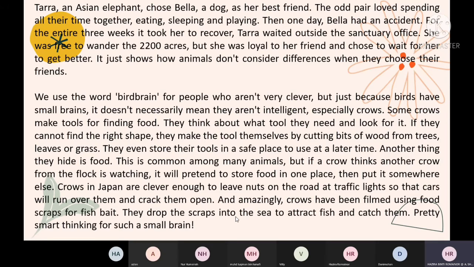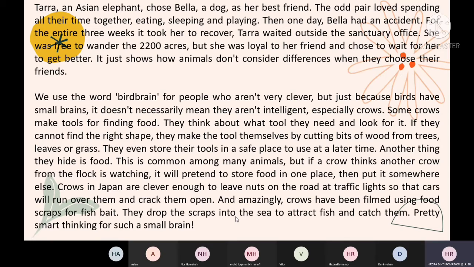Okay, so now when you look at the screen in front of you, it is actually the text taken from your textbook page 98. You can see the second paragraph from the first text about the elephant with the name of Tara. Let me see who is here.